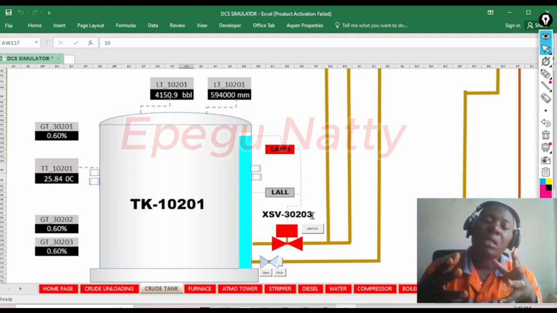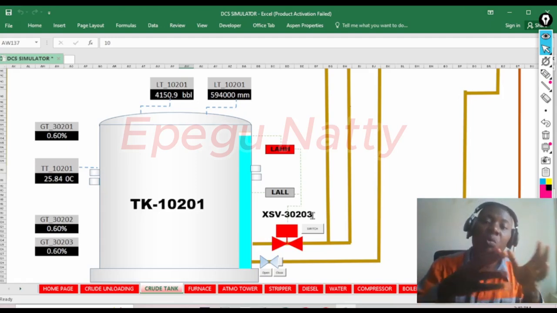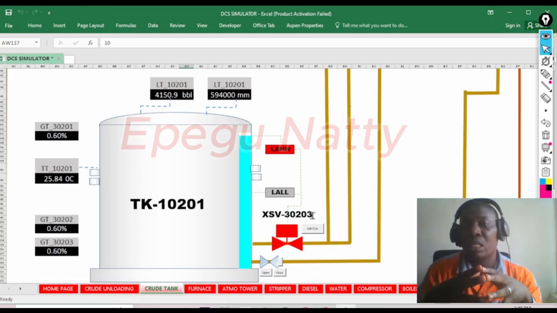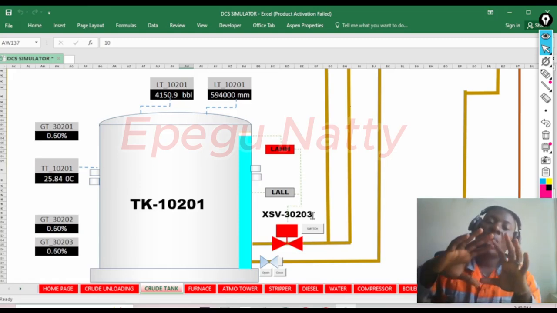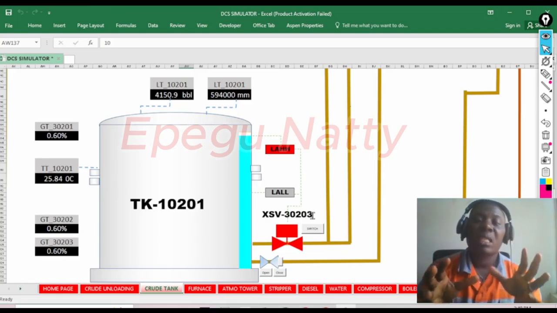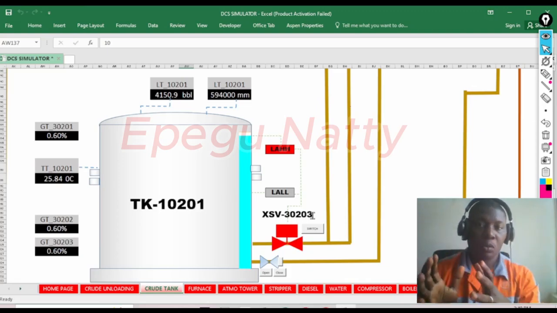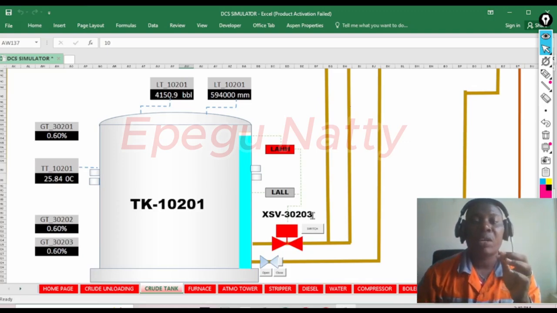You need to look at which rating you are going to give this particular system. Is it C1, C2, C3, or C4? If you analyze all this, you can now give your recommendation and say whether this is going to be a SIF or not. All right, so are you ready for the scenarios?